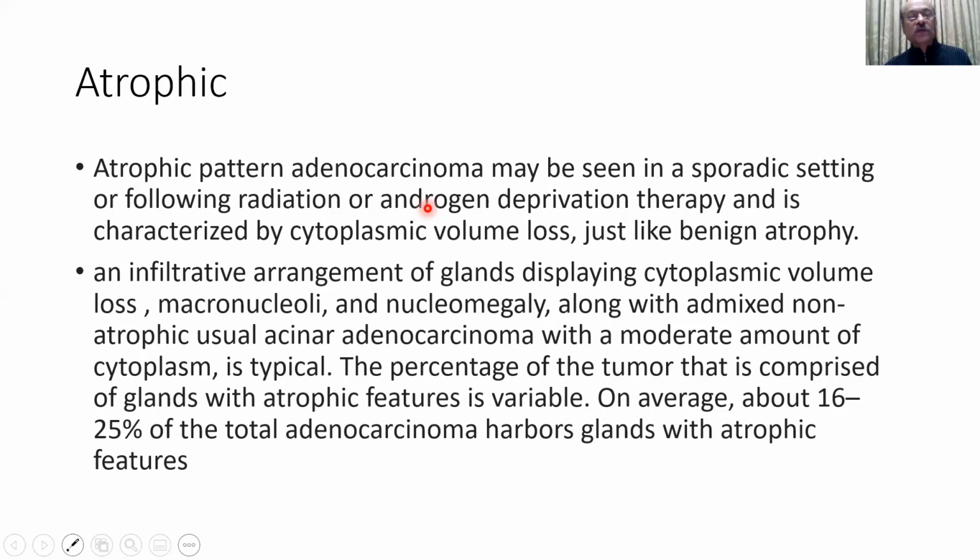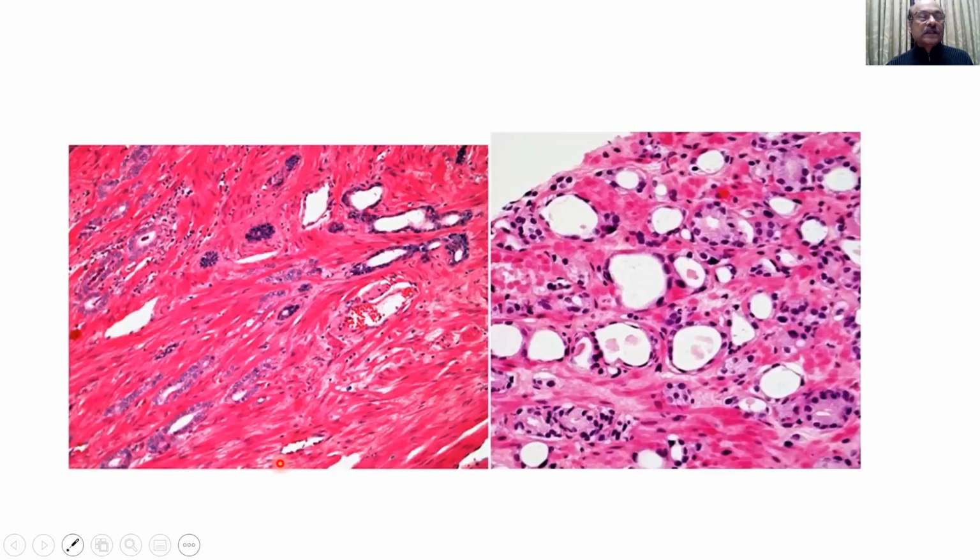Atrophic pattern adenocarcinoma may be seen in a sporadic setting or following radiation or androgen deprivation therapy, and is characterized by cytoplasmic volume loss, just like benign atrophy. An infiltrative arrangement of glands displaying cytoplasmic volume loss, macronucleoli and nucleomegaly, along with admixed non-atrophic usual acinar adenocarcinoma with a moderate amount of cytoplasm is typical. This is the atrophic variant of acinar adenocarcinoma.